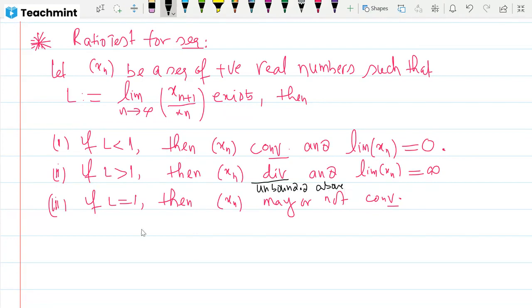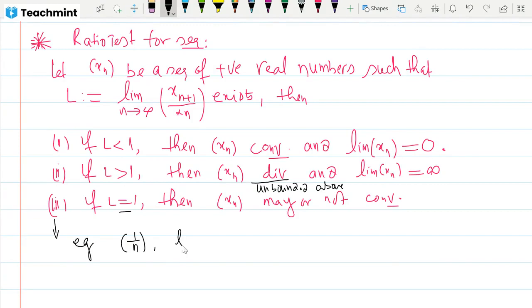If L is 1, then we have two possibilities. The sequence may converge or may not converge. I'll give you one simple example for the third case. Example: I'm taking my sequence xn as 1 by n.